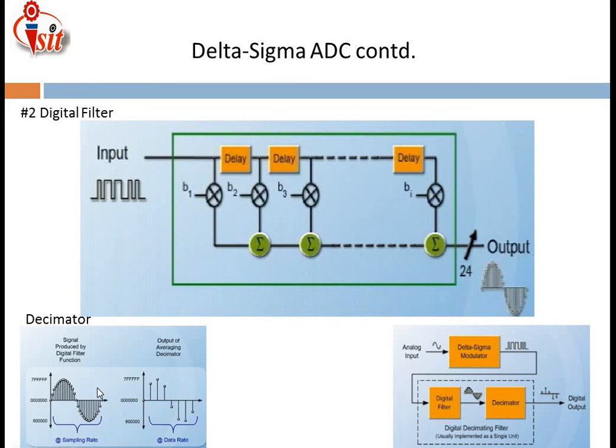Then this continuous output signal is converted into a ramp signal, which is converted into a pulse train, and again this is calculated using the previous block diagram related to the delta sigma modulator.